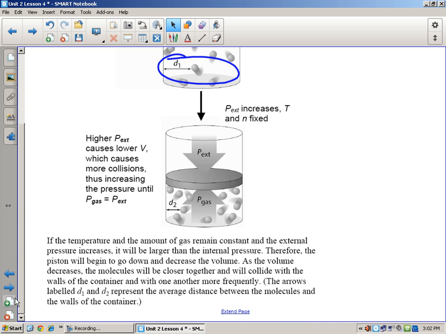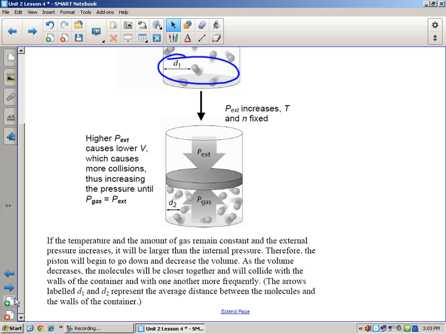So that's what it talks about here, although in this particular example they're saying that the amount of gas doesn't change. In my example it was. But if the temperature and the amount of gas remain constant, the external pressure increases. It's larger than the internal pressure. So if this pressure here increases, it is more than this pressure down here, so it starts to force the plunger down until, once again, the internal pressure builds up and those two pressures equalize out.